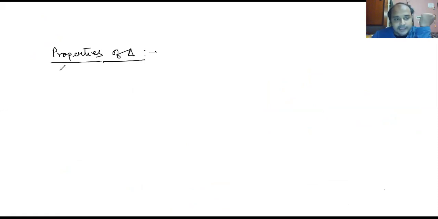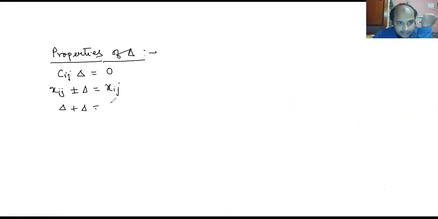Properties of delta, let me write it: Cij into delta equal to 0, Xij plus minus delta is equal to Xij, delta plus delta equal to delta, and delta minus delta equal to 0.